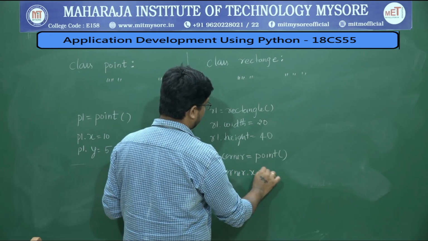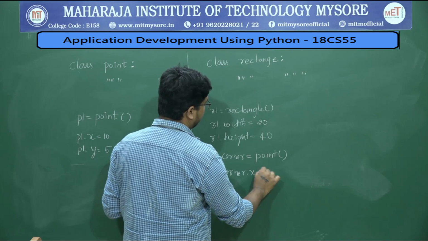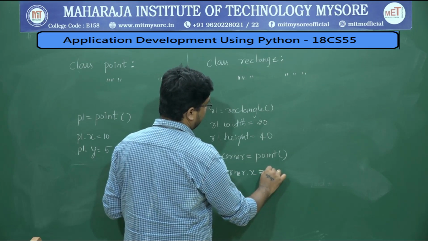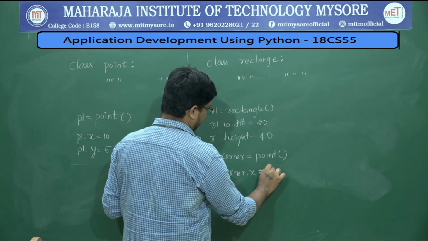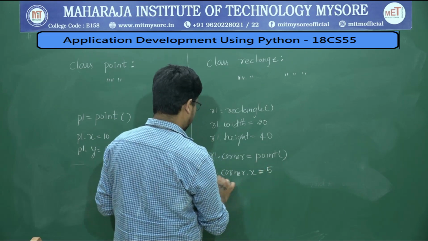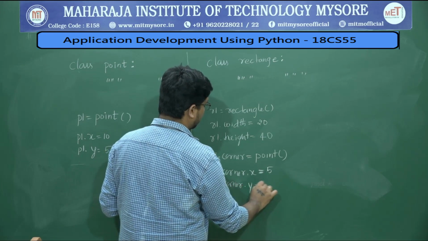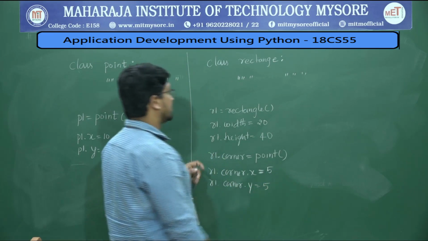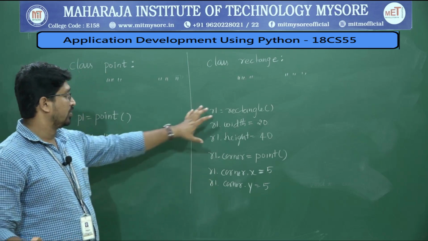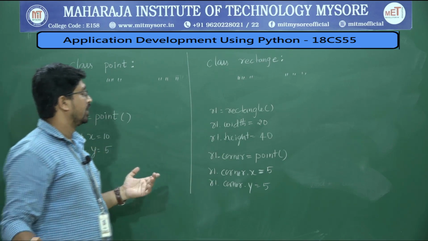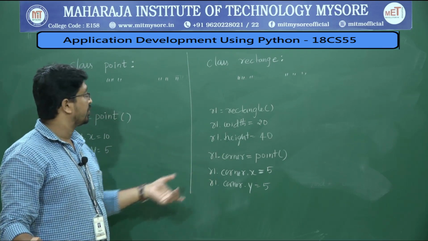R1 dot corner dot x is equal to, let us consider 5. R1 dot corner dot y is equal to 5. So this is a rectangle class with width and height, and this is the corner of that particular rectangle.